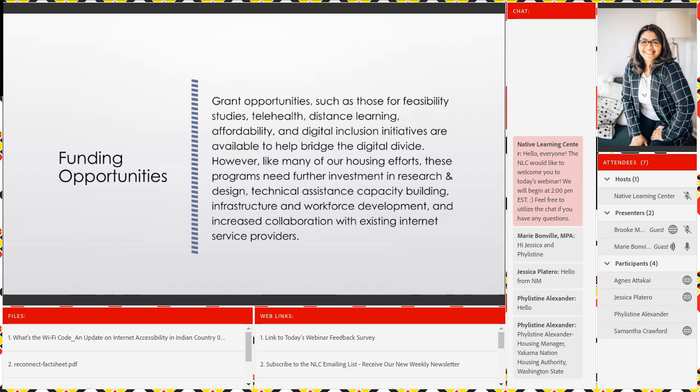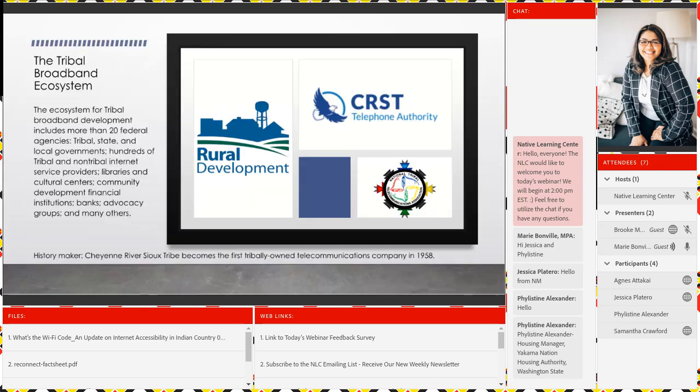So this is where there are opportunities for feasibility studies, telehealth, distance learning, affordability, and digital inclusion initiatives to help bridge the digital divide. But the ecosystem is complicated.